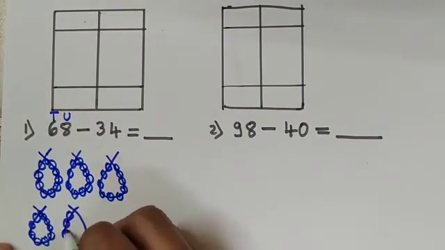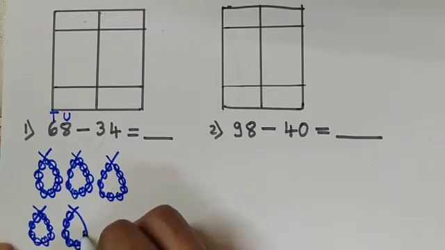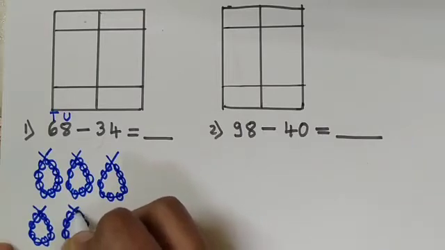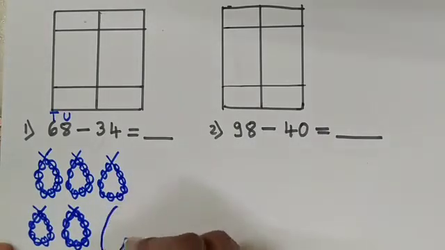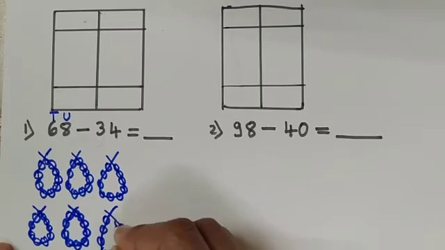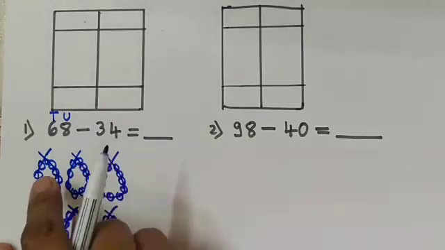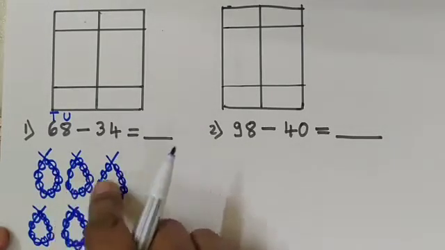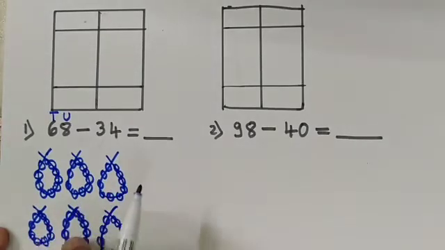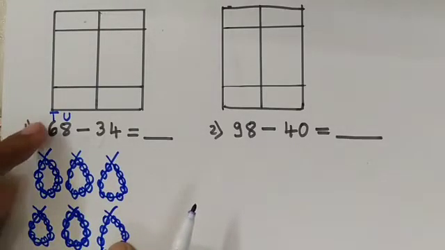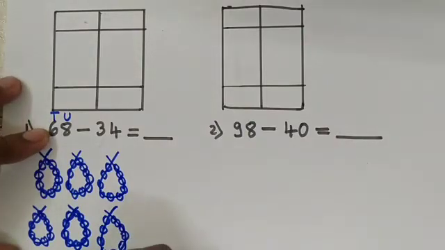Here we have drawn 1 ten, 2 tens, 3 tens, 4 tens, 5 tens and 6 tens, that is 60.